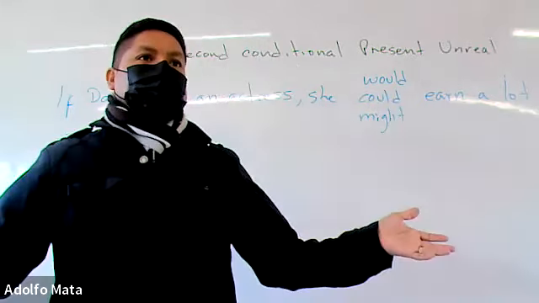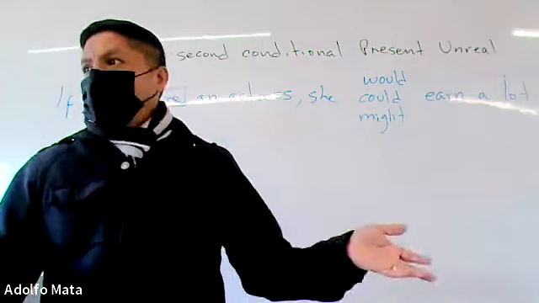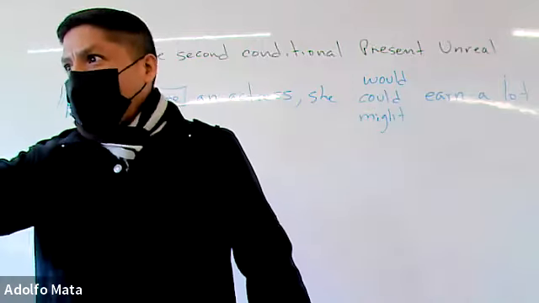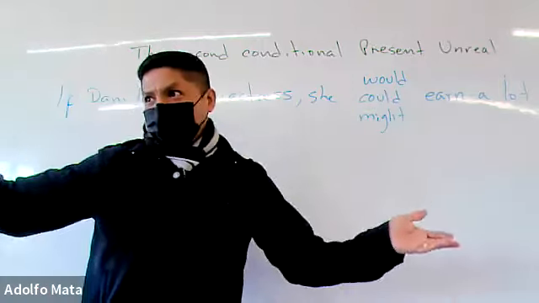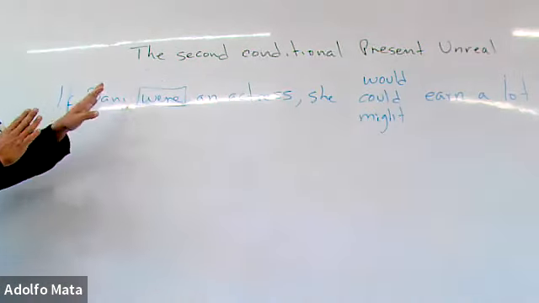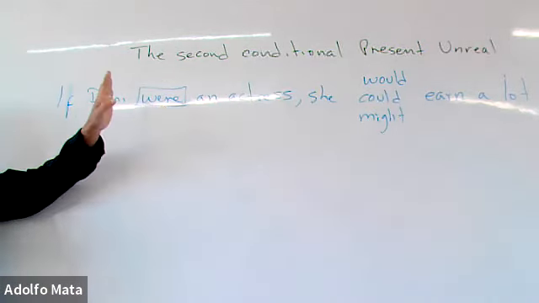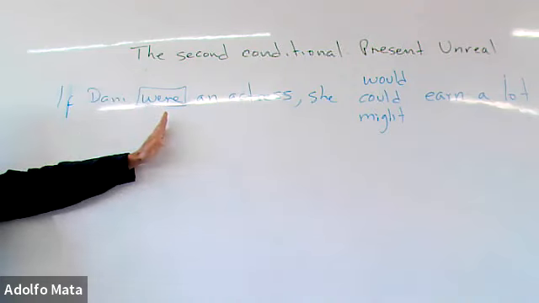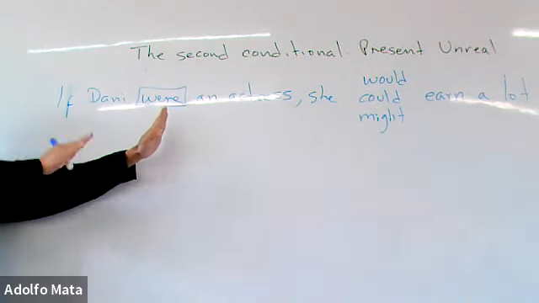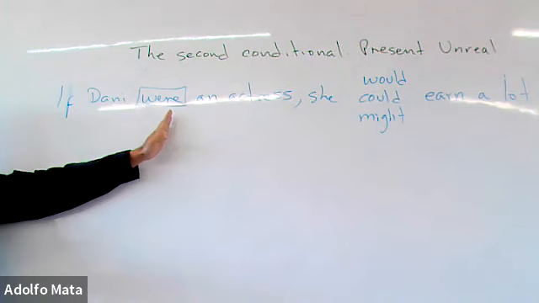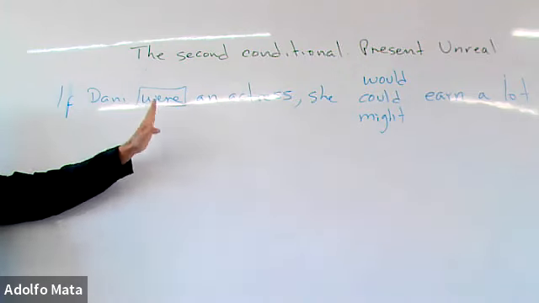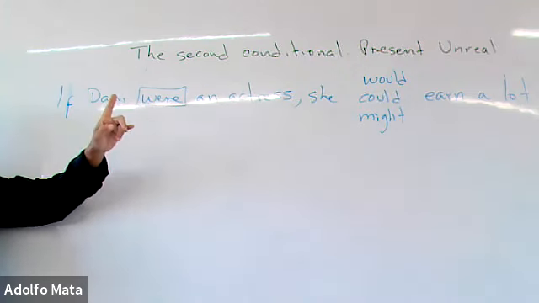Pero Dani no es actriz, right? So she's poor, right? Maybe your parents have money, but not you. Okay, so when it's the verb to be, Manuel and Rene, we use were for all the people. You put was in the exam, I cross it, right? Because it's were for all the people in the second conditional, okay?